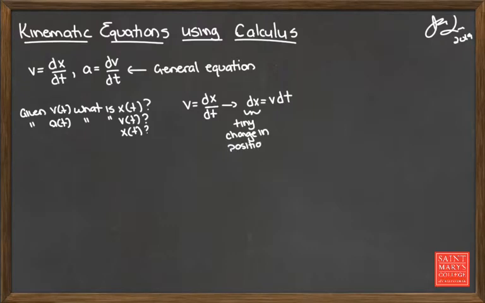A very small displacement. And that displacement took place over a small change in time. And the total distance that changed during that period is the velocity multiplied by a very small change in time.